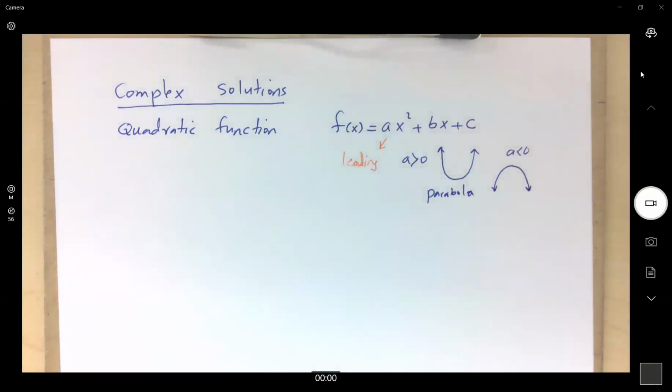So we talked about how to solve a quadratic equation, how to find the zeros, how to find x-intercepts.